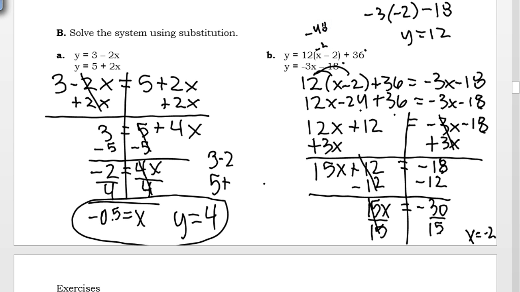Negative 48 plus 36, negative 12. It's a good thing I checked my answer because I got a negative 12 and a positive 12, and I'd forgotten the negative on this answer. So y equals negative 12 and x equals negative 2.